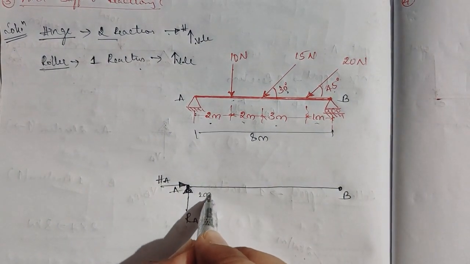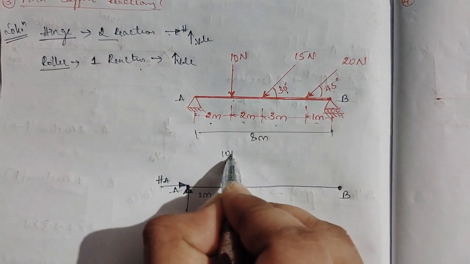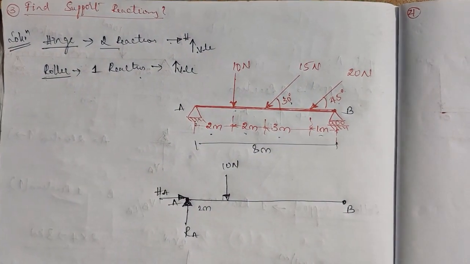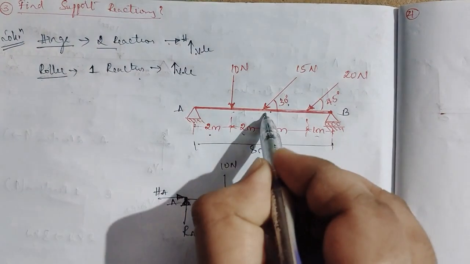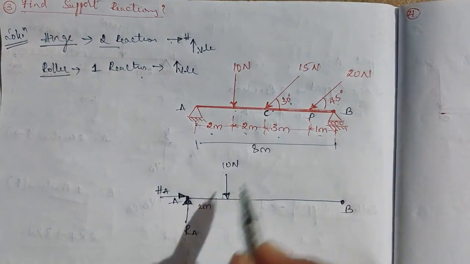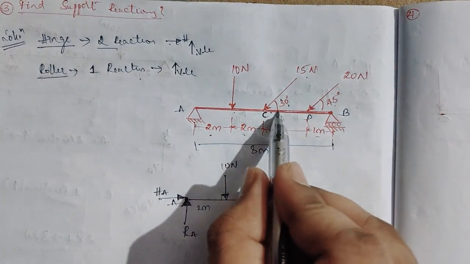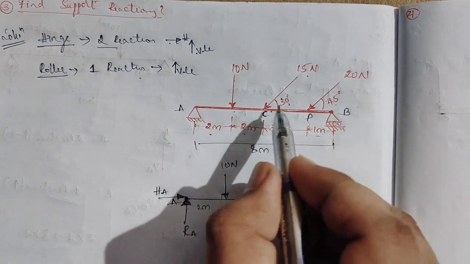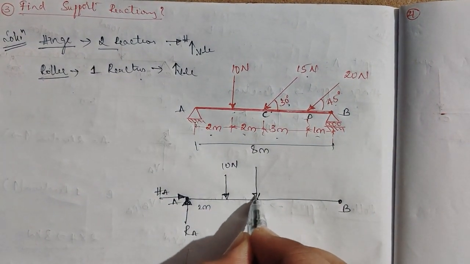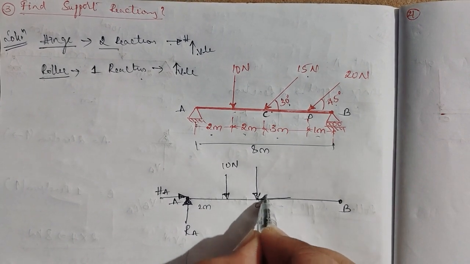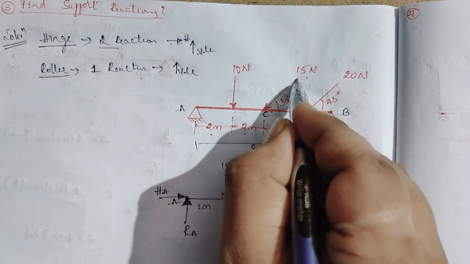Then at a 2 meter span, what do we have? We have this 10 Newton force. Then for your reference, I'll take this point as C and this point as D. At point C, we have a 15 Newton force inclined at 30 degrees. I'll resolve it into one vertical and one horizontal component.